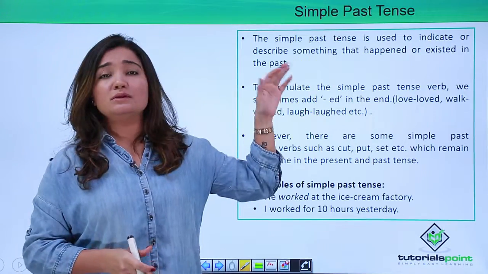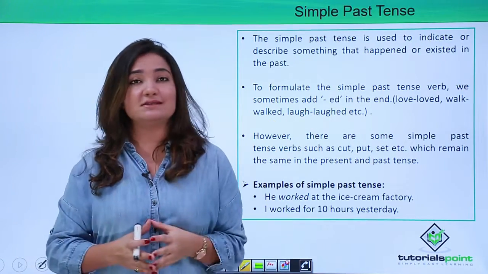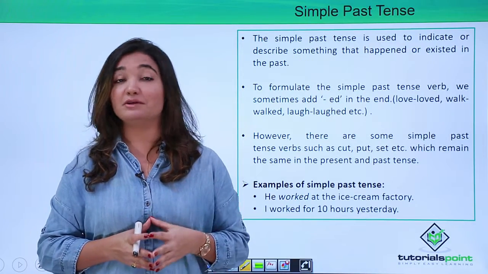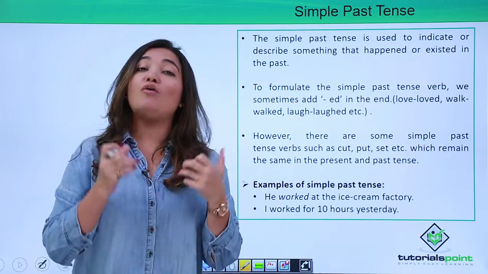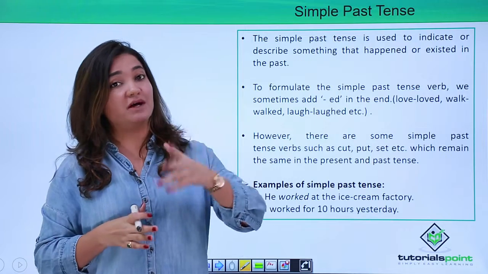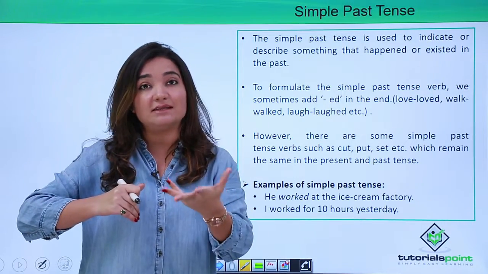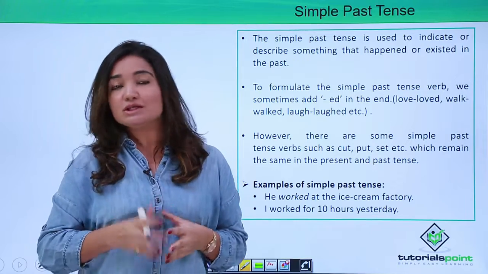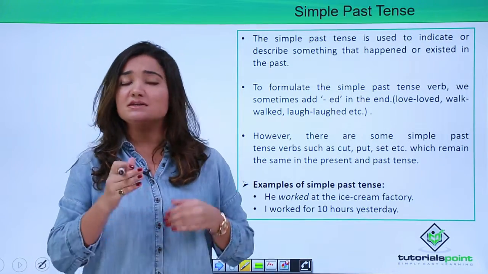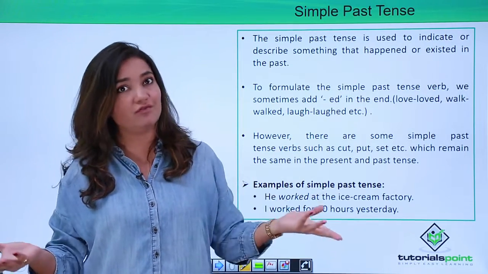Let me brief you about this before we go ahead. The simple form of any tense, be it past, present or future, presents that tense in the easiest form. So it is the easiest to recognize, whichever tense you are referring to.